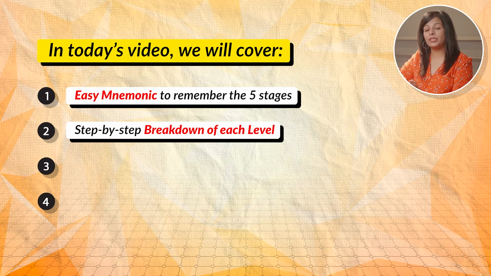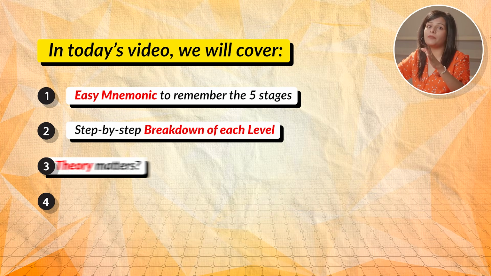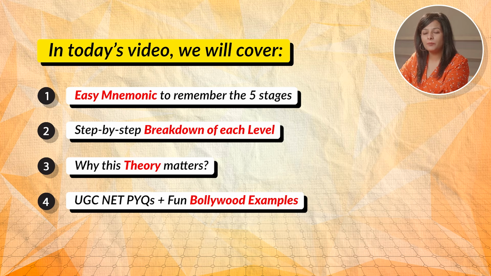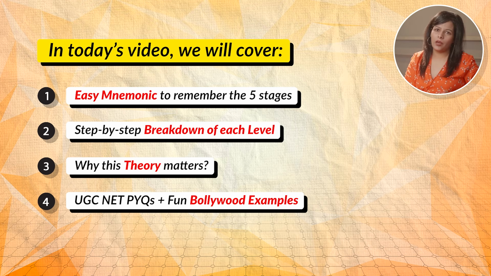Then, explore each of the levels, step by step. Finally, we'll see why this theory matters and solve some previous year questions that have appeared in the UGC NET exams. But here's the fun part. We'll do this all by using fun examples from Bollywood. So get ready for a full engaging breakdown with a Bollywood tadka that will help you tackle this topic with confidence.